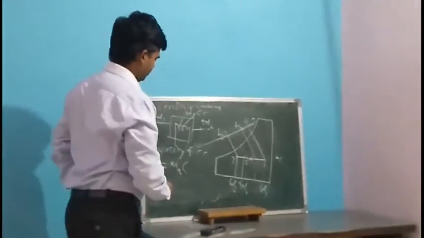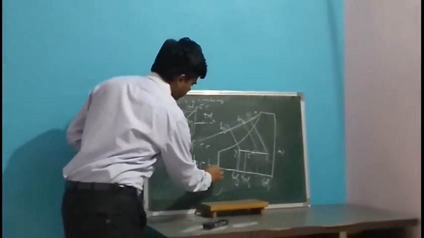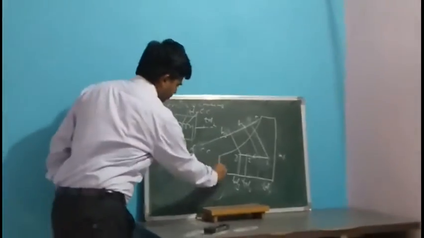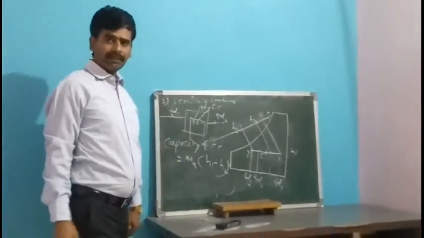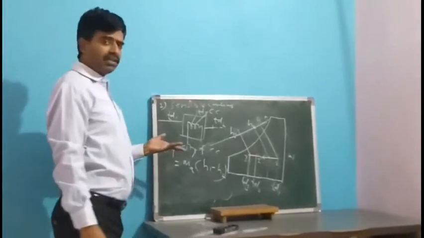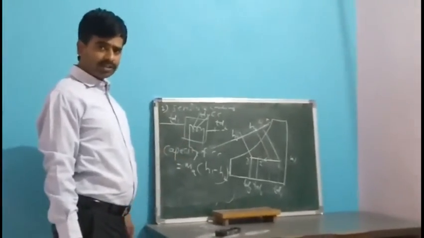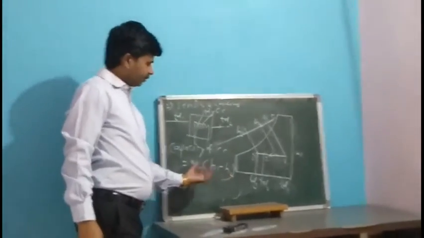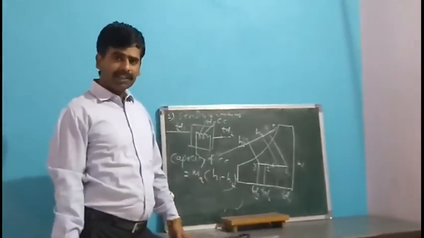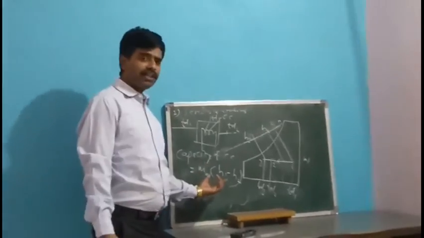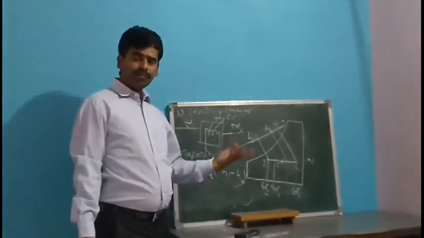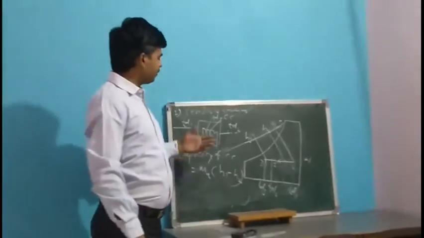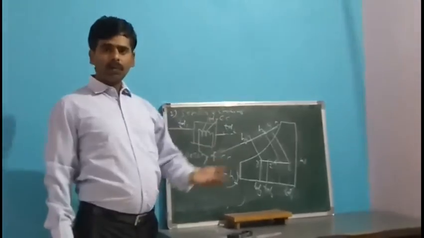So m dot a multiplied by H1 minus H2. In this way we can determine the capacity of the cooling coil. If you are interested in the TR, that is tons of refrigeration, this is in kilojoule per kg. If you multiply by the mass flow rate in kg per minute, you get the capacity in kilojoule per minute, and as we know, 210 kilojoule per minute is equal to 1 TR. So in this way you can determine the capacity of the cooling coil.